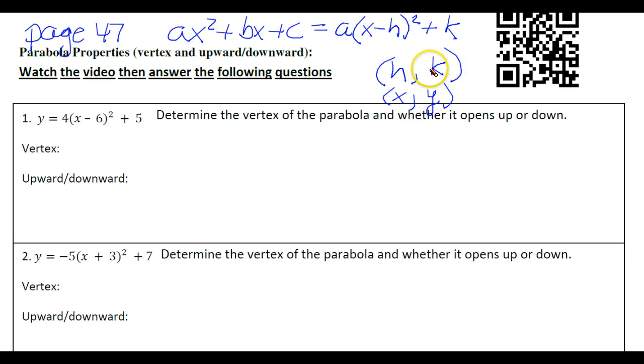Now, there's some other words that we're going to be using here too, and I'm going to give you some background, which we do in the textbook lesson as well. And that is, when we have a parabola, which is in this form, if our a value here is positive, this a value is positive, the parabola opens up to the top.